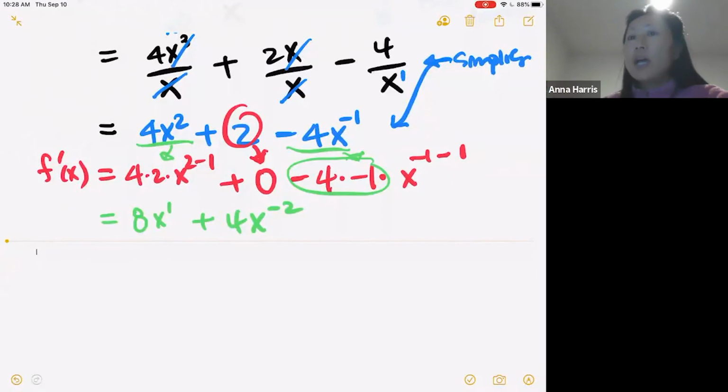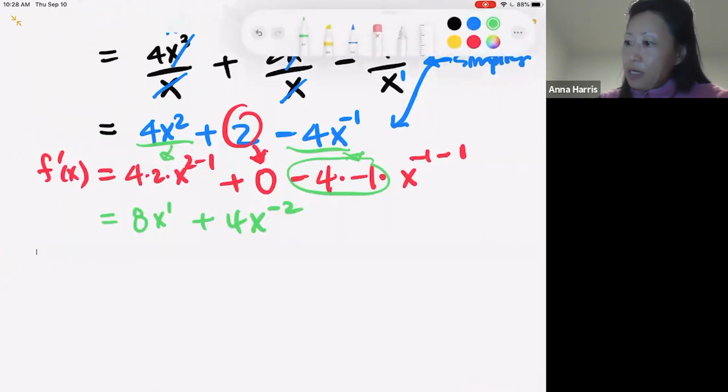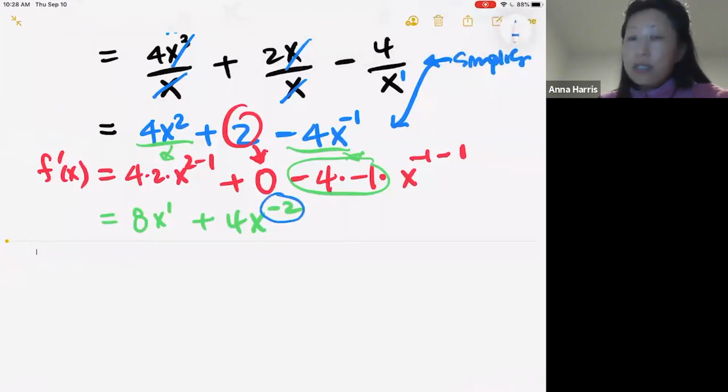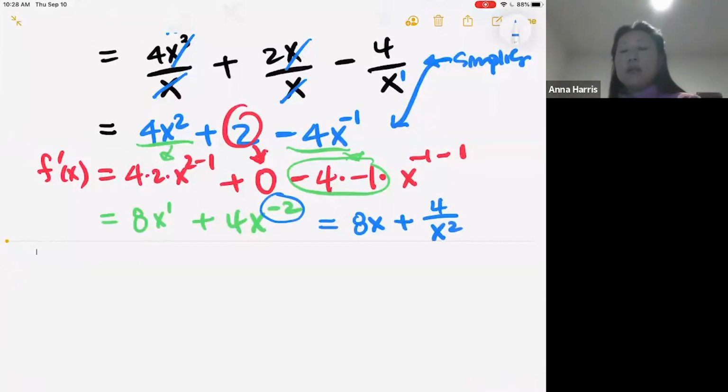Okay, I need to simplify one more step. So that means my answer is 8x plus 4 over x squared. That is my f prime.